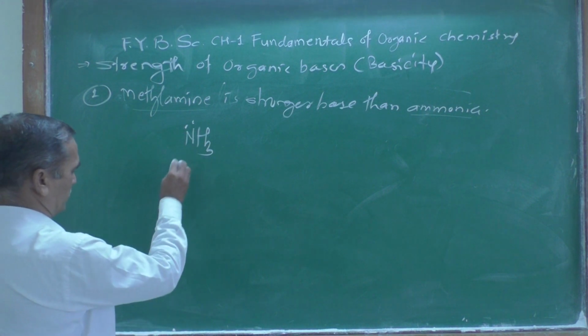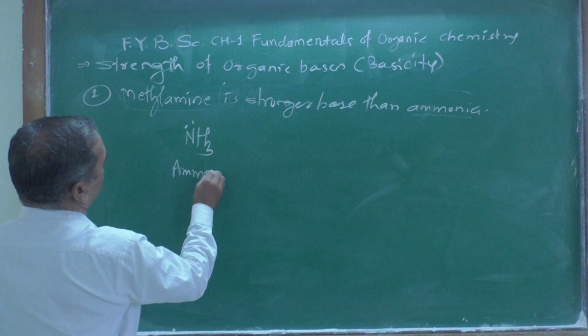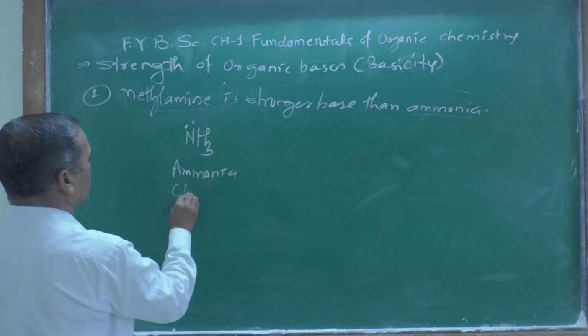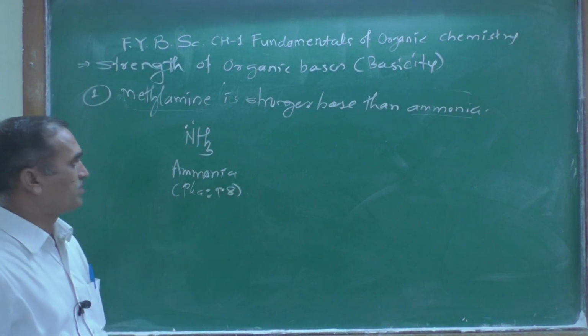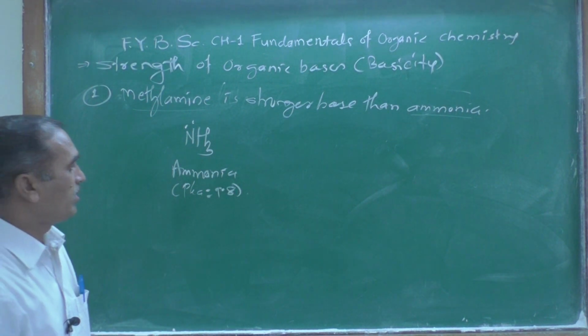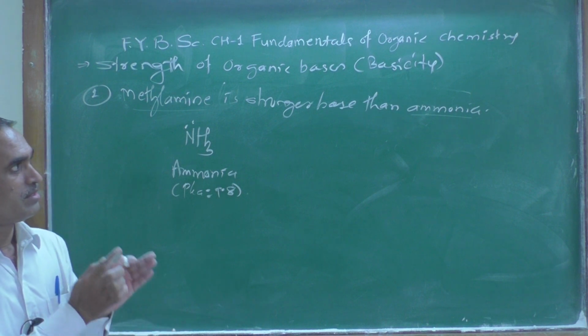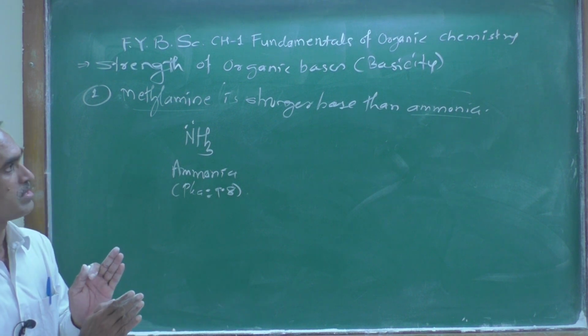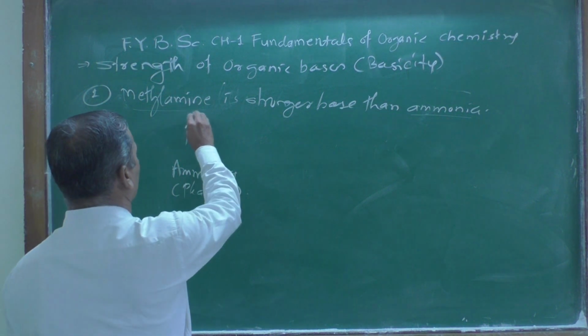Here this is ammonia, and its pK value is roughly 9.8, because we are going to consider the strength of bases on the basis of their pK values.